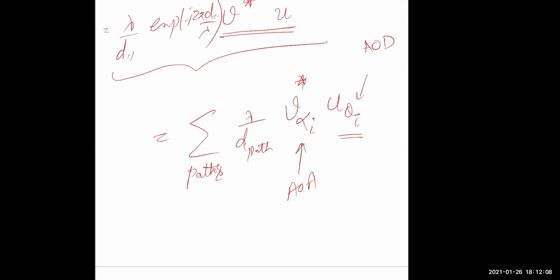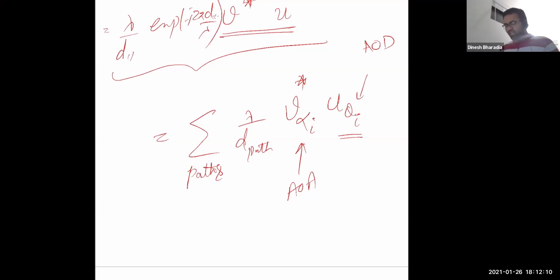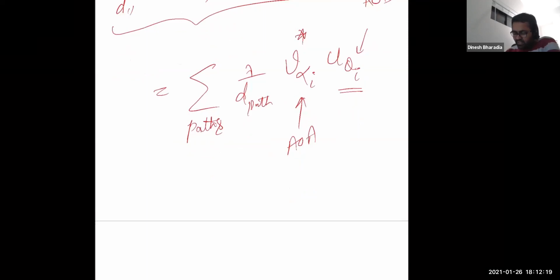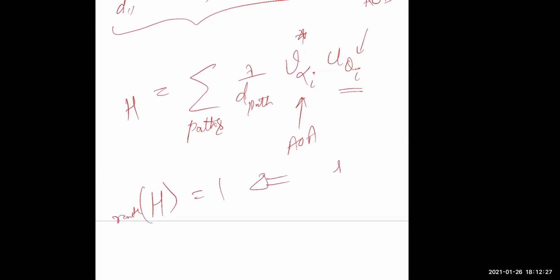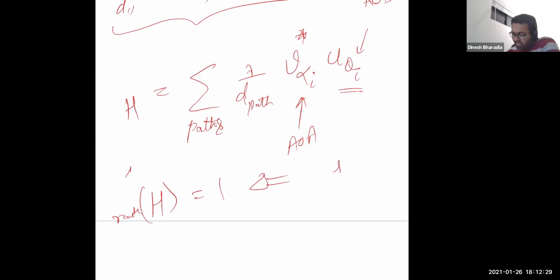So what this is also telling you is, if you only have one path, the rank of the matrix, this is your H, the rank of H will be 1. That means you can only send one stream if there is only one path. One stream.